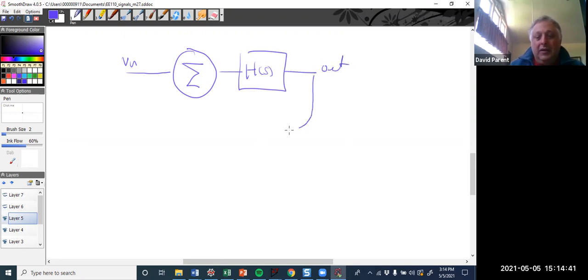Now I'm taking this and bringing it back in. Well, if I'm subtracting it, it's negative feedback. So I'm subtracting some of the output times some transfer function. Positive feedback would be there's a positive symbol there.